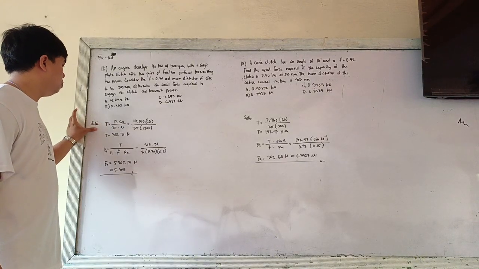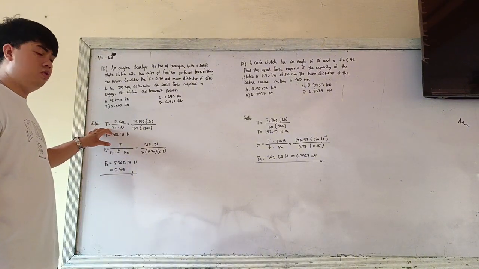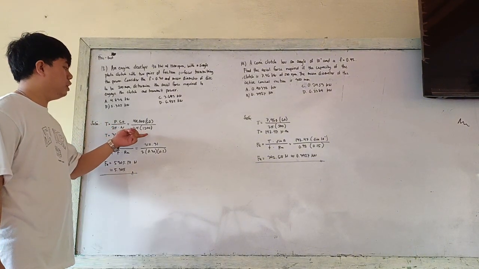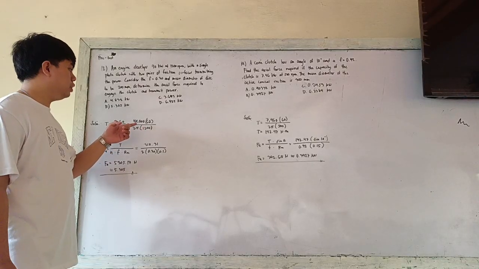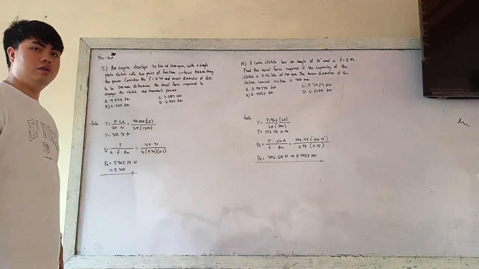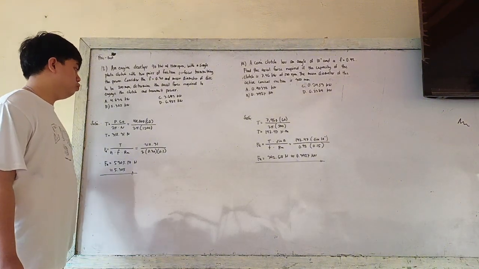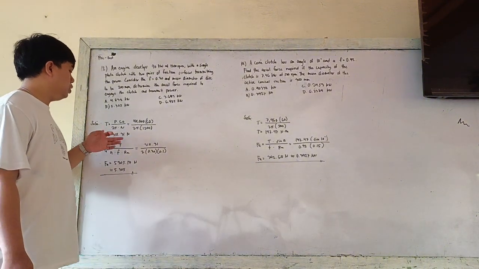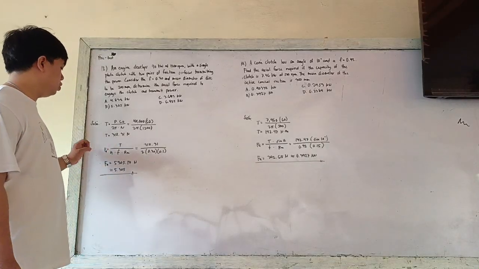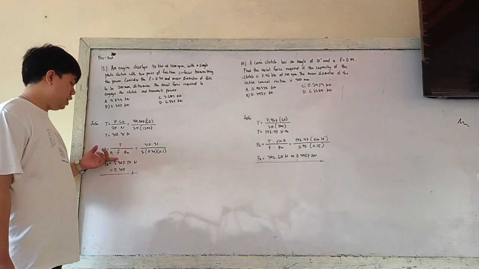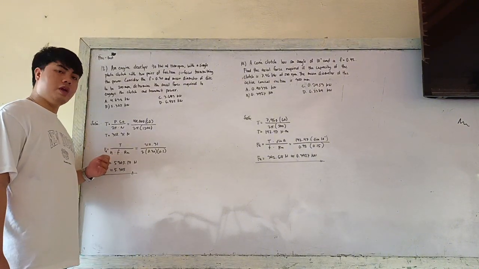So T is equal to P times 60 over 2 pi times N. So plug in the values: 40,000 times 60 divided by 2 pi times the N, which is 1,200. So we have T is 318.31 Newton meter. So we can also solve for FA. FA is equal to T over N times F times Rm.